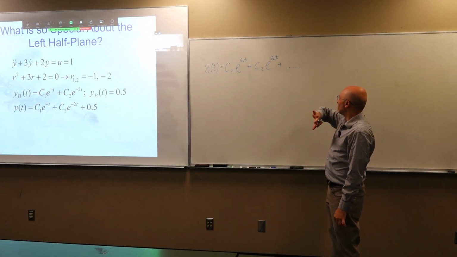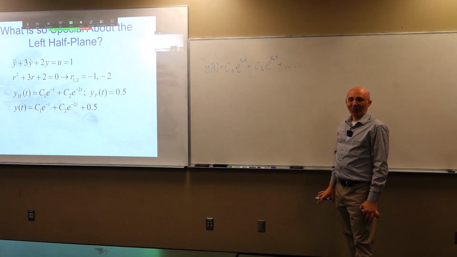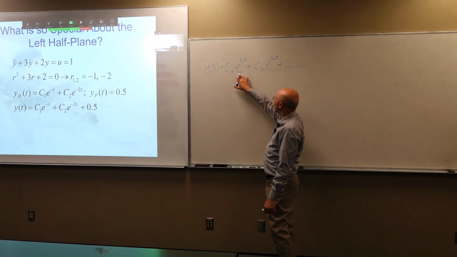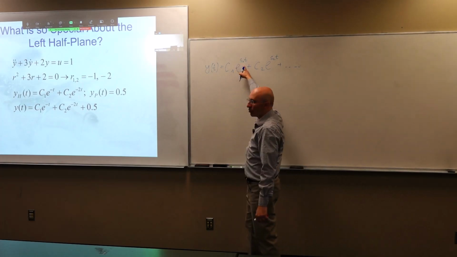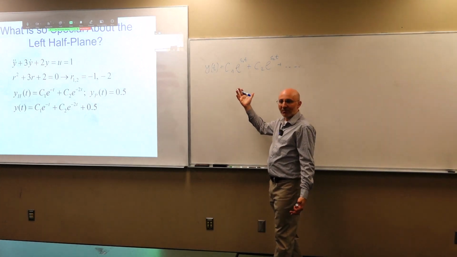This is the generic solution of any homogeneous linear equation, right? But what is that thing? So s1 is a root of that characteristic polynomial, could be complex or could be real, right?